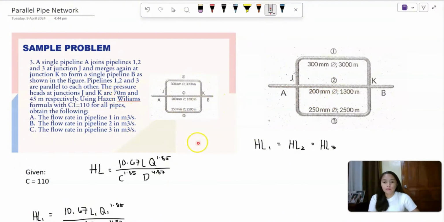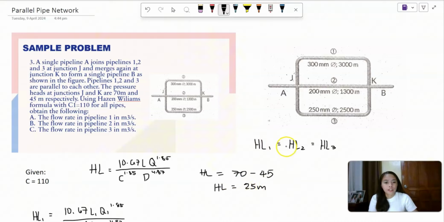So head loss is just 70 minus 45. So 70 minus 45 is 25 meters.